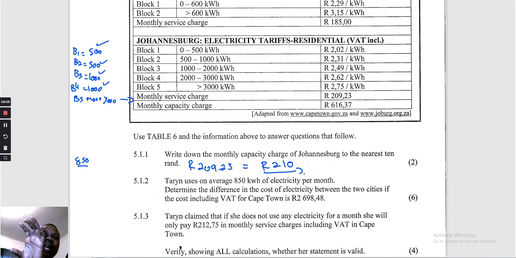If you add that, it will be 3000. Then what about the 500 that is left? The 500 that is left is going to be charged in block number 5. Now let's go and calculate the charge for Tyran in Johannesburg.